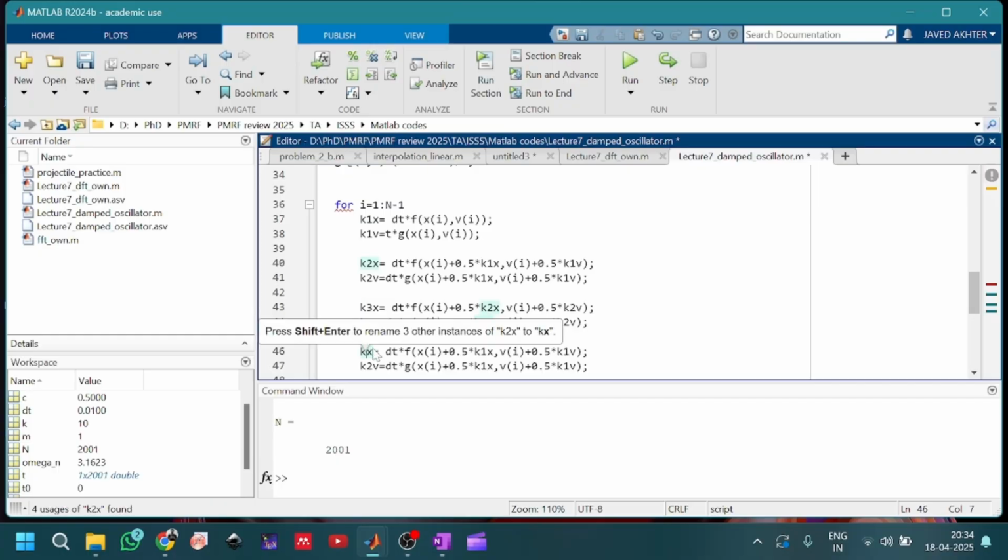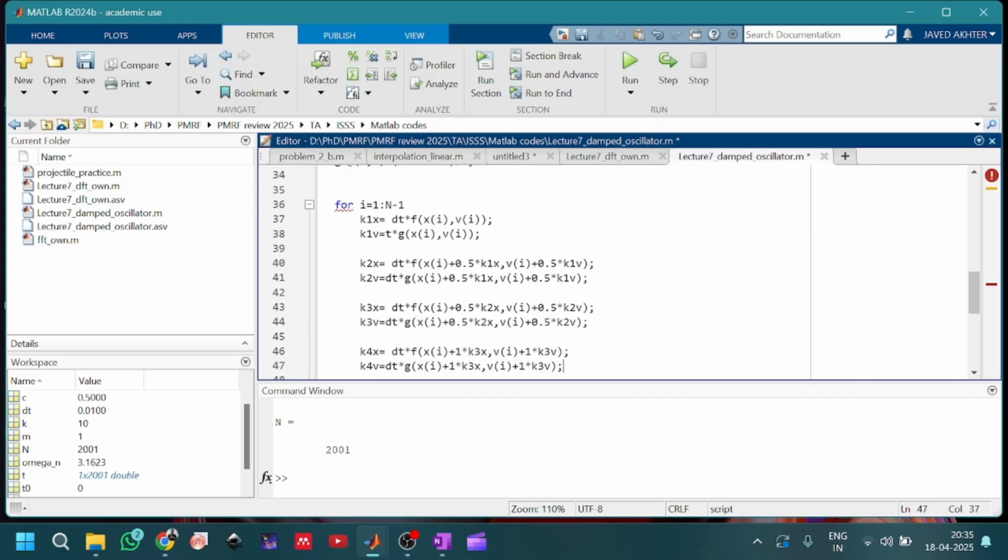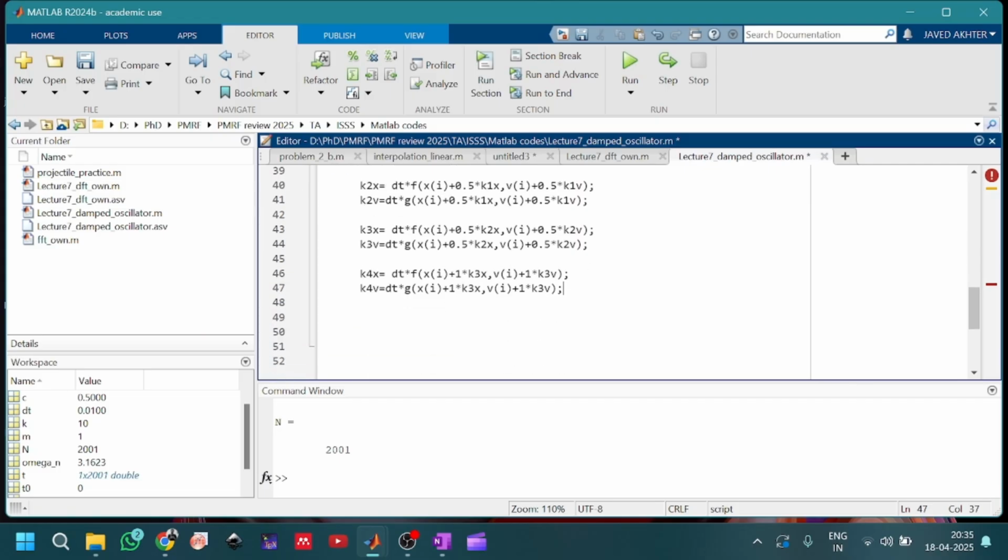So it will be k4x and k4v, and in place of 0.5 you will have 1, here also 1, and it will be k3, k3, this will be 1.